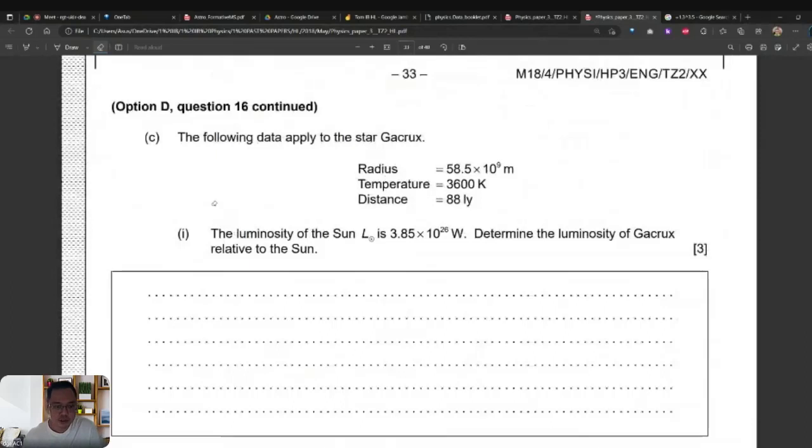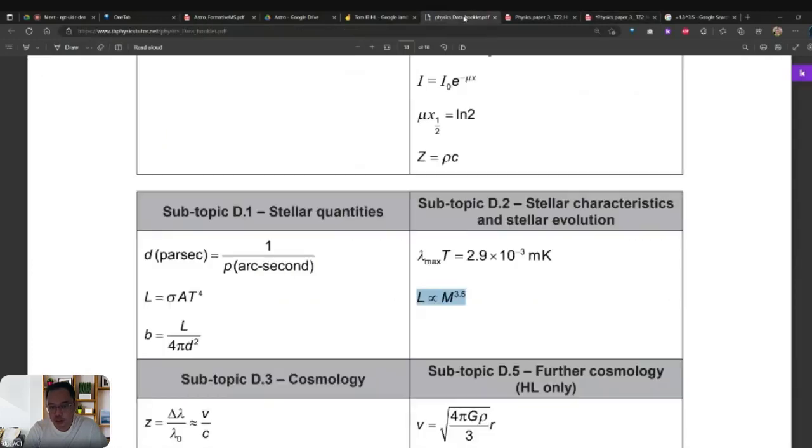Determine the luminosity of Gacrux relative to the sun. Radius, temperature, distance, given the luminosity of the sun. Look at these given quantities. Which equation do you think we can use? Temperature.